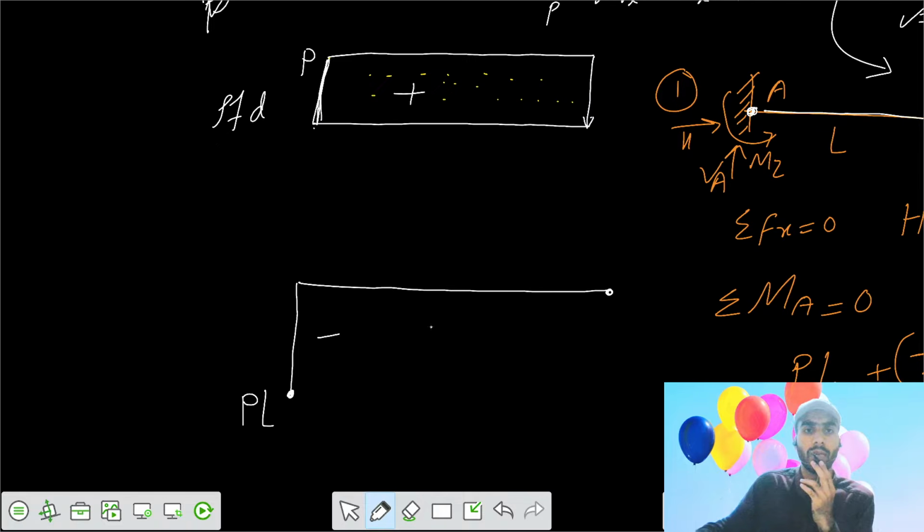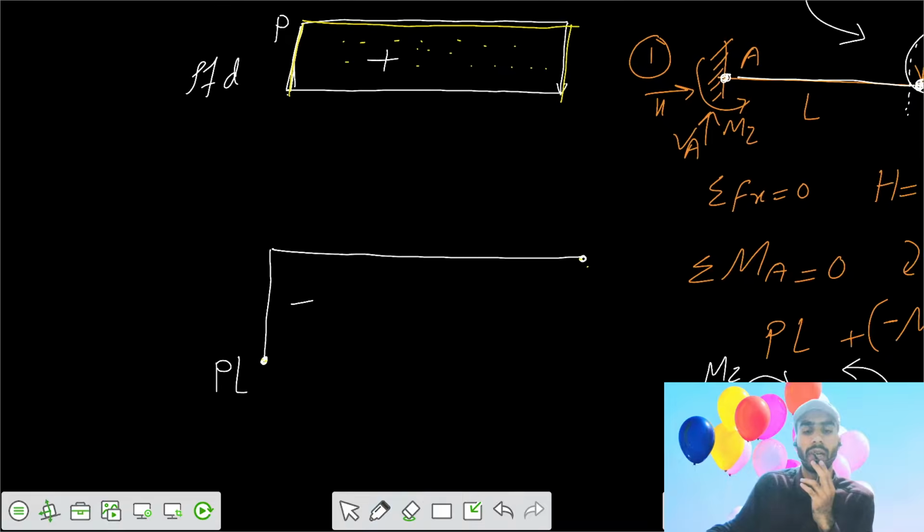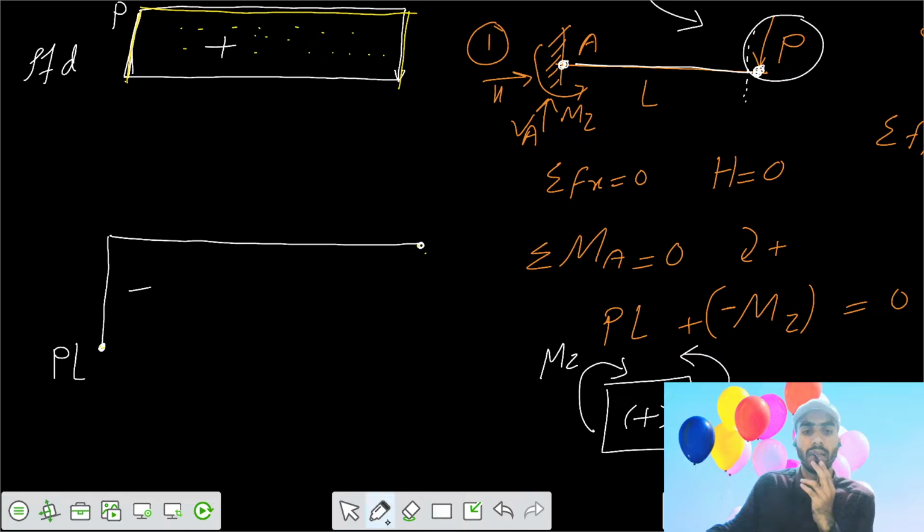So here it was one critical point, this one was also one critical point, then the line was straight. Here two critical points, you have to join them. But how can we join them? If we have a shear force diagram of degree x to the power 0, it does not depend on the value of x.